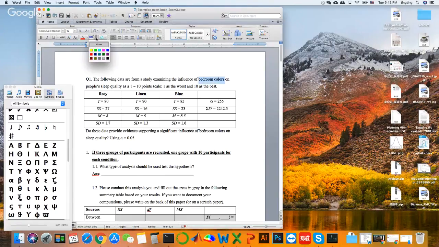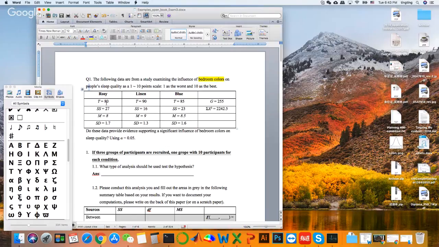So this one, bedroom color, is the independent variable. The independent variable is the factor in the design. So here we just have one factor, which is the bedroom color.